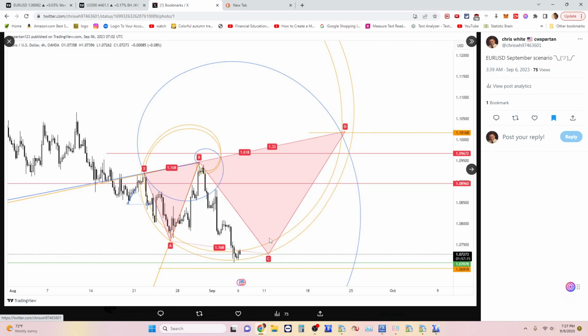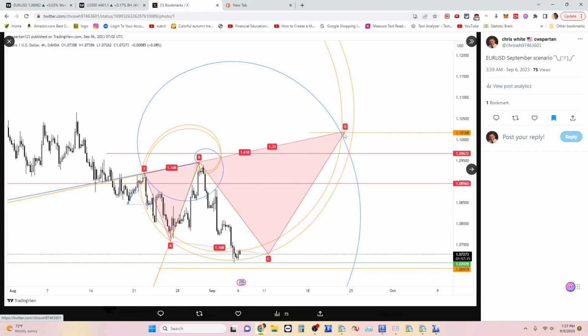I went ahead and assumed that the next swing point in price would be here. We have to wait until, I guess, the middle of next week to redraw this. So I took some assumptions here, and price has come down below here, and then we might see it reclaim, which might make us have to redraw C a little lower, and it might bring D a little lower, which is fine.